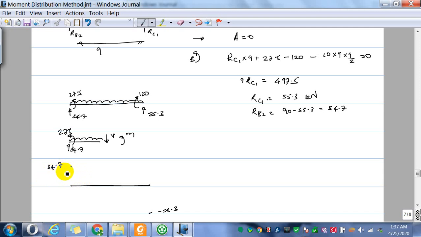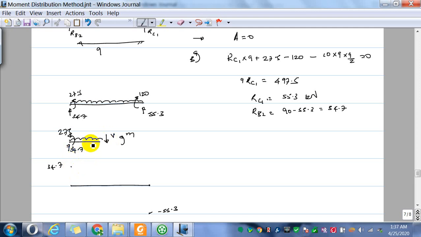So now you have a positive downward load, so your shear force diagram should have a negative slope, which corresponds to a load acting downward.